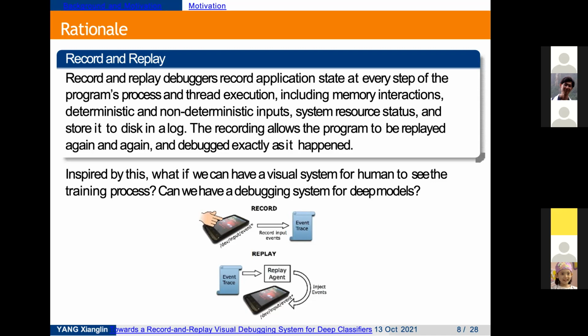The recording later allows users or developers to replay it and debug exactly as the bug happens. Inspired by this, we ask what if we can have a visual system for humans to see the training process? Can we have a debugging system for deep models as well?